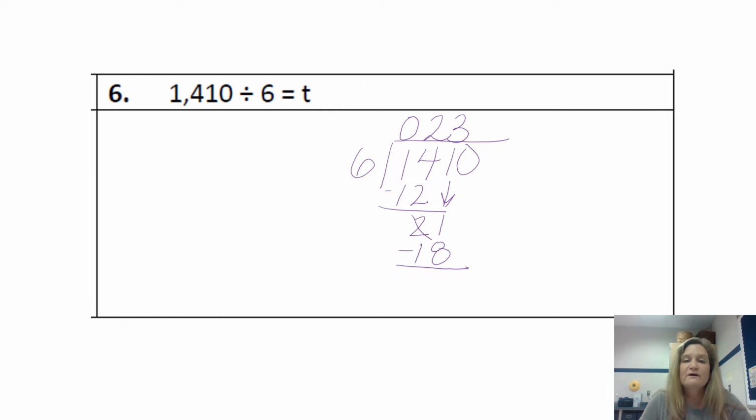Subtract, I have to borrow. 11 take away 8 is 3. Bring down the 0. 6 can divide 30 5 times, which is 30. And I have nothing left over. So my variable t equals 235.